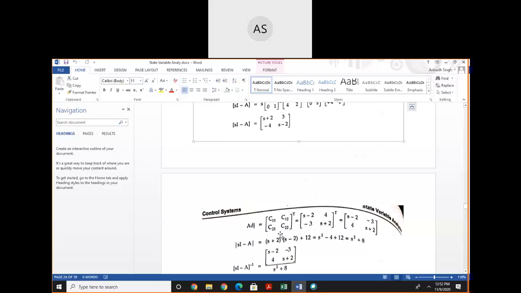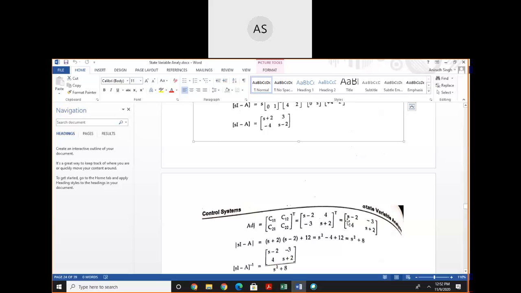Then C21 means second row, first column, we get minus 3, since 2 plus 1 is 3, so minus 3. And the last one, C22, means second row, second column, S plus 2.